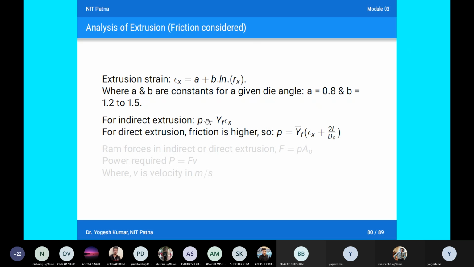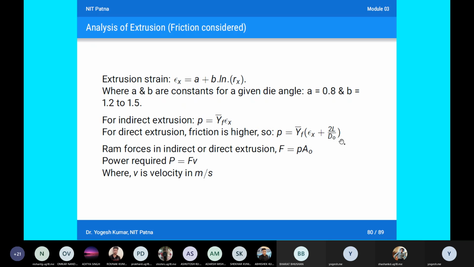For indirect extrusion, pressure is given as Y bar times epsilon x, and for direct extrusion, friction is higher, so the length of your work billet and initial diameter come into the picture. This pressure P is calculated as Y bar multiplied by the summation of epsilon x plus 2L upon dO.